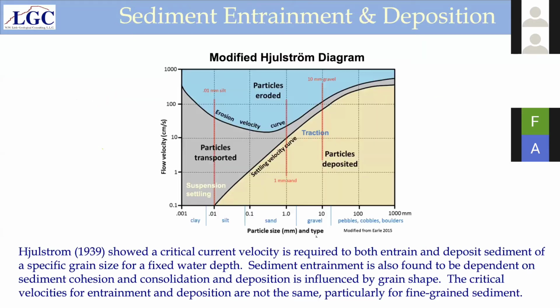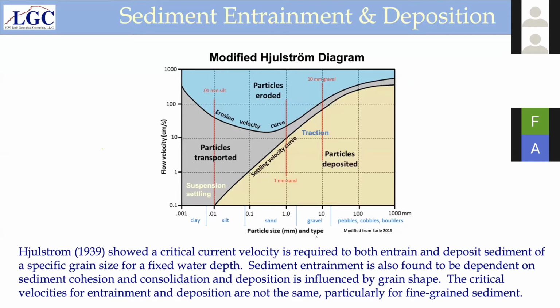Okay, so part of that, many of you are probably familiar with the Hjulstrom diagram. In 1939, Hjulstrom developed this, and the idea was to determine, for a particular depth of water and grain size, what the flow velocity would be to cause those particles to start to move and to stop moving.